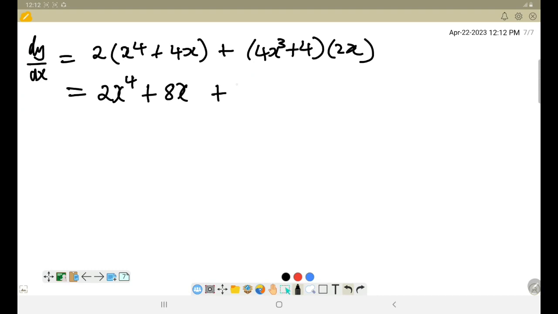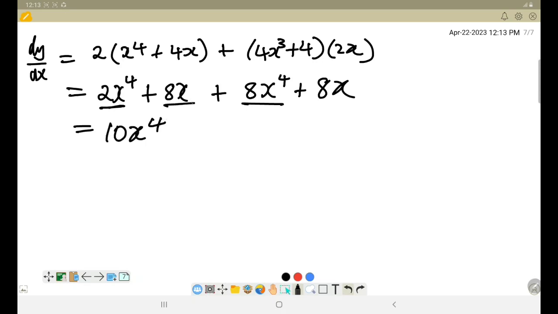When you distribute the brackets on the other side, we'll get 8x to the power 4 plus 8x. Then when we add the like terms, 2x to the power 4 and 8x to the power 4 gives us 10x to the power 4, and 8x and 8x, we get 16x.